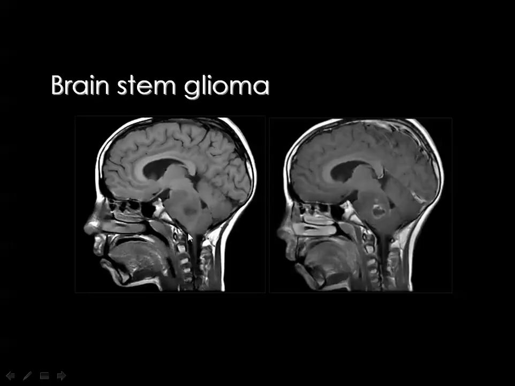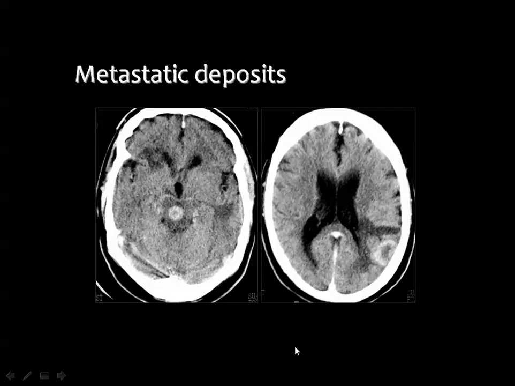And this is the sagittal T1 weighted image before and after injection of contrast media, showing an infiltrating lesion causing enlargement and swelling of the brainstem with foci of post-contrast enhancement, diagnostic of brainstem glioma.